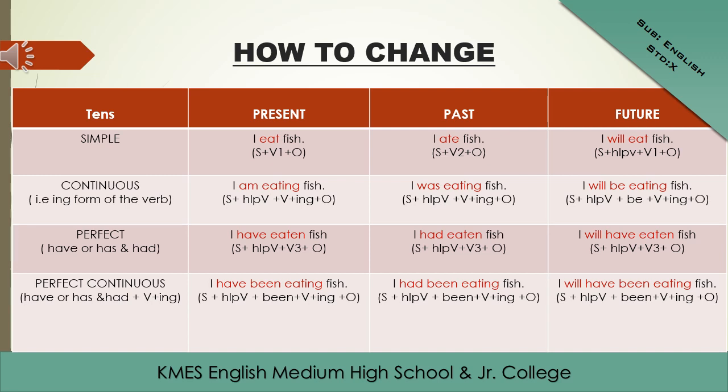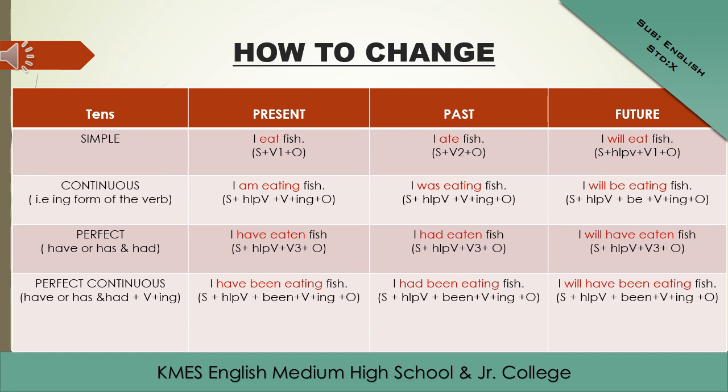So in past perfect continuous, I have been eating fish will become I had been eating fish. And in the same way, when we go for future tense, it will become I will have been eating fish. So this is how we make changes.